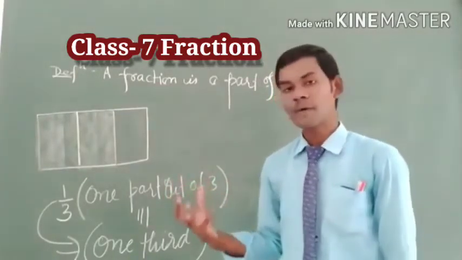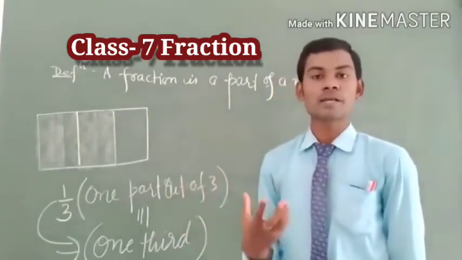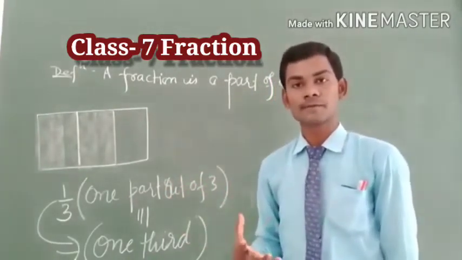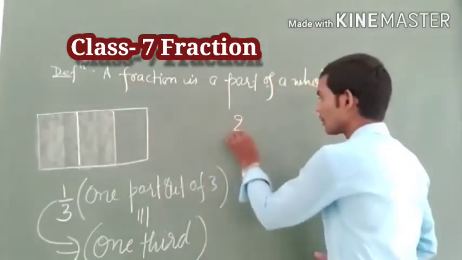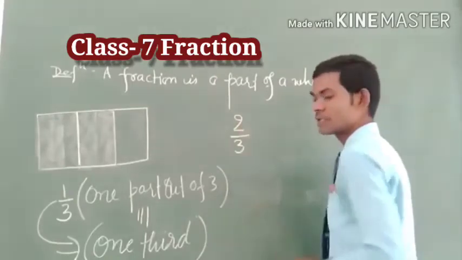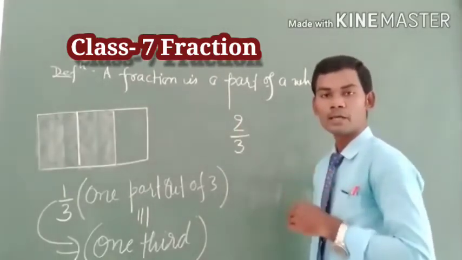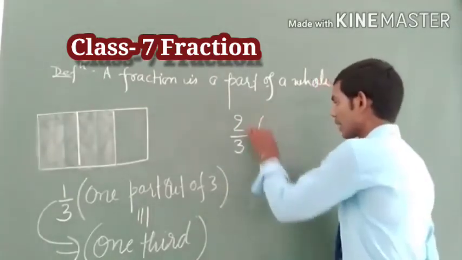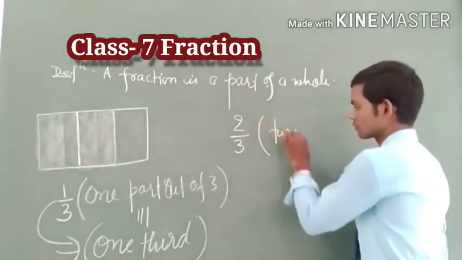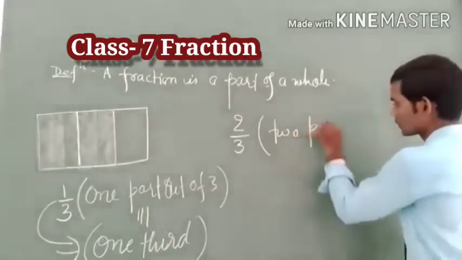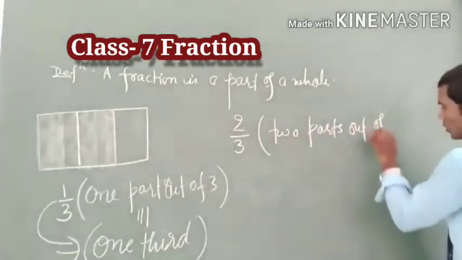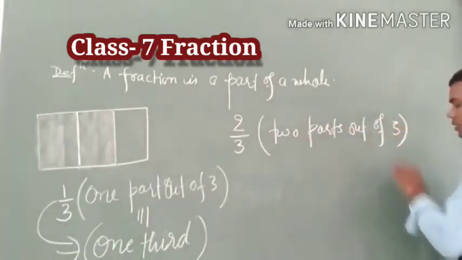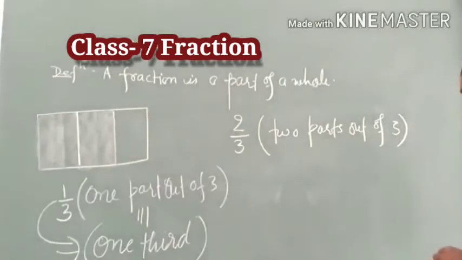Here we have taken two parts out of three. So we write 2 upon 3, or we say 2 by 3, and here we write 2 parts out of 3.